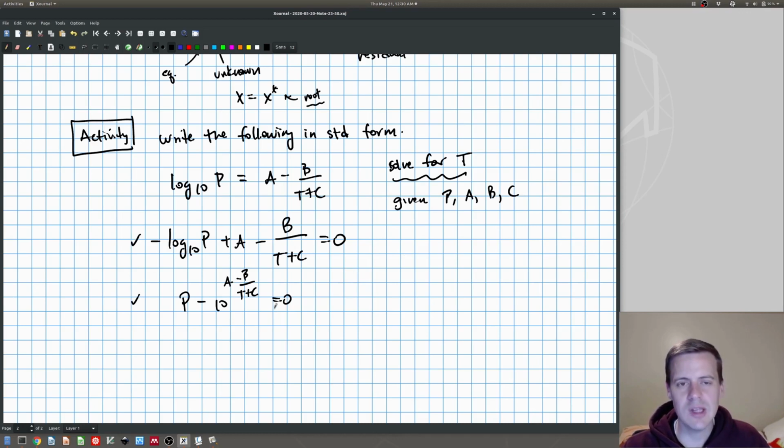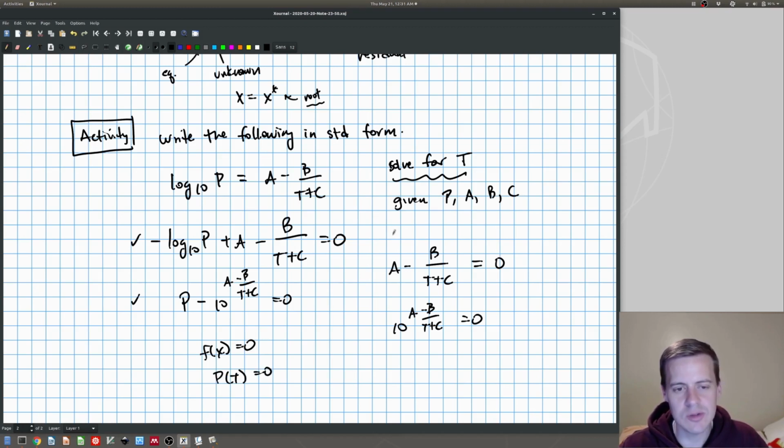Sometimes people do this, though. They write 10 to the a minus b over t plus c equals 0, because they think that when I said f of x equals 0, they're saying this is p of t equals 0, and then they want to write p equals 0.